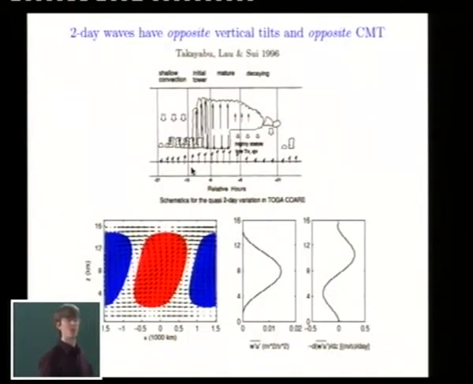But at the same time, there are other types of synoptic scale convectively coupled waves, for instance two-day waves or westward inertial gravity waves. If you look at the cartoons of these, or the real data too, there's also a tilted updraft, but it tilts in the opposite direction. So now for this case, you get the opposite type of acceleration. Now we're accelerating easterlies in the lower troposphere.